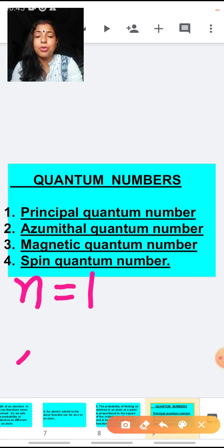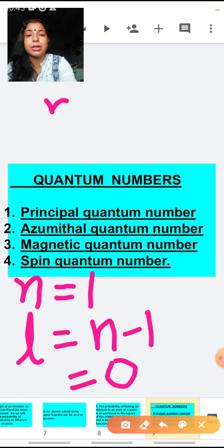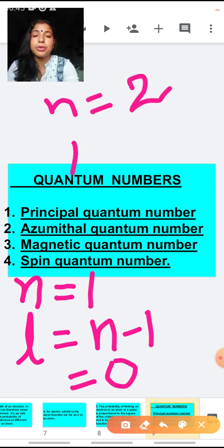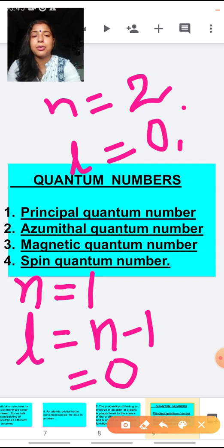Then the value of the azimuthal quantum number will be up to n minus 1, that is equal to 0. Similarly, if the value of principal quantum number n is equal to 2, then the value of l will be up to n minus 1. It will be equal to 0 and 1.